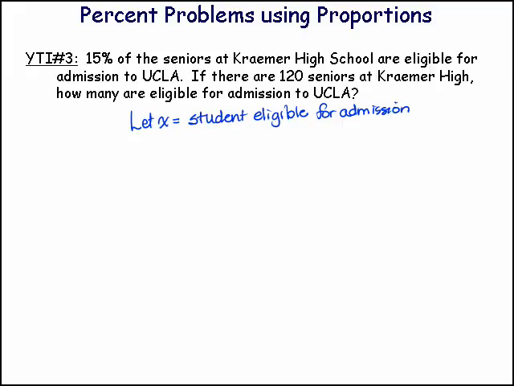If it says up here 15% of the seniors, there's the of, and then seniors. How many seniors are there? It says right here that there are 120 seniors. Because it follows after the word of, that's the whole part. So the whole is equal to 120 seniors.